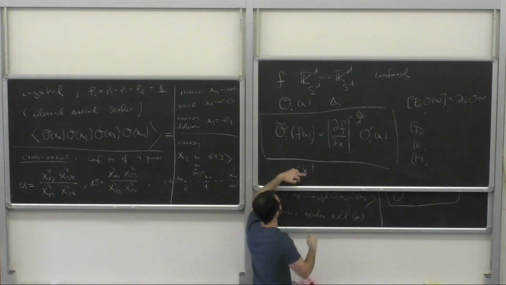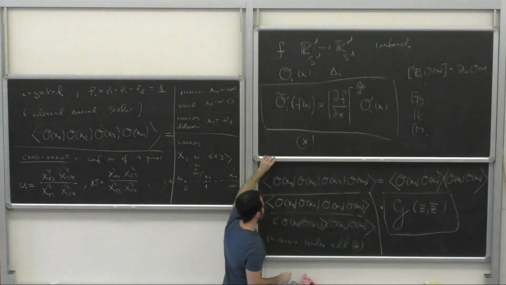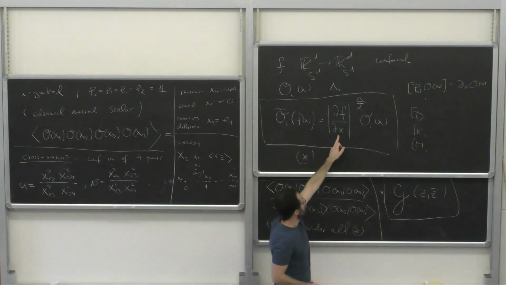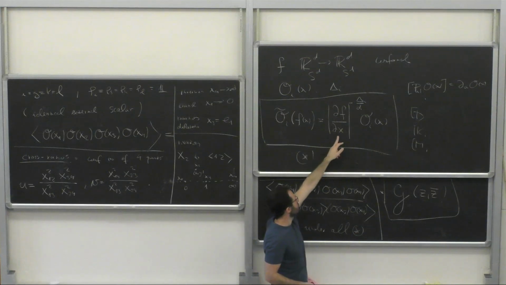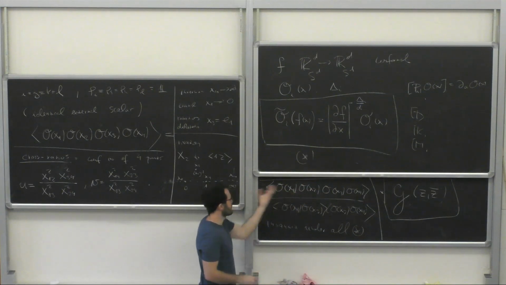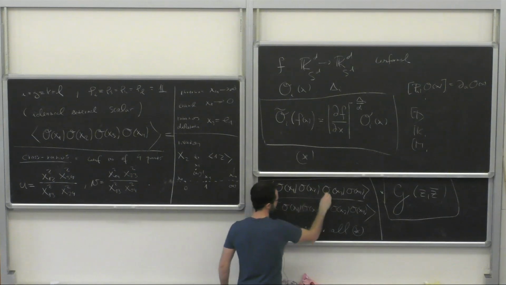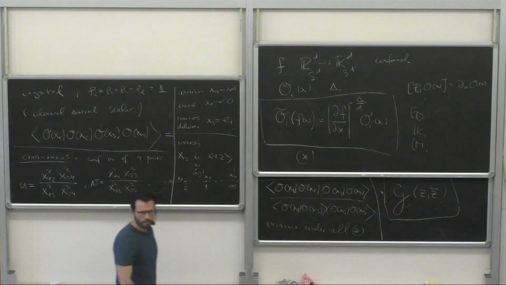And the reason why it's invariant is that this factor depends only on x1, for the first operator, on x2 for the second one, and so on. So it just goes out, and it cancels between here and here, here and here, and here and here. Okay.